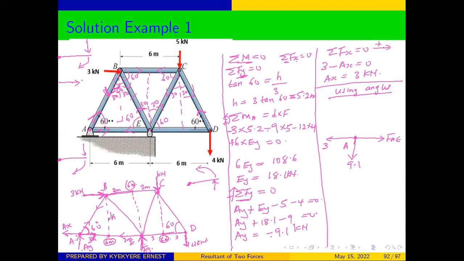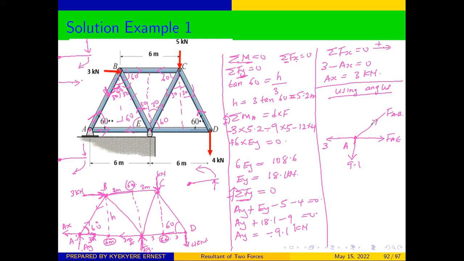And then the member from this point to that point is moving from A to B. We can refer to that force as FAB.